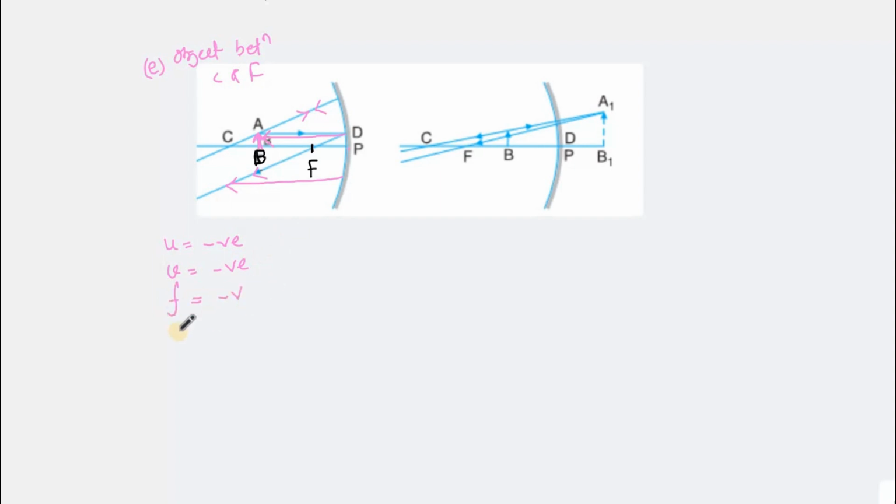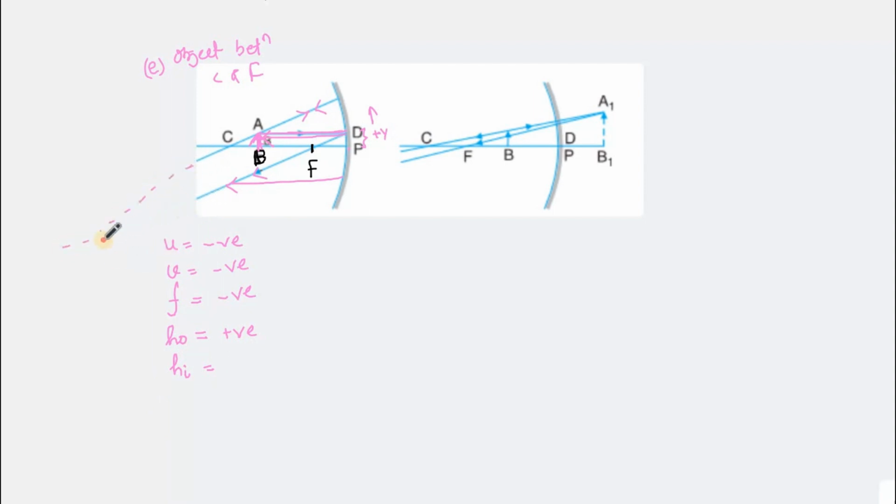Focal length is negative. Now height of the object. The object is lying above the principal axis, so its height will be measured along the positive y-axis in this way. So the height of the object is a positive quantity, and the image which is formed is an inverted image, and the inverted image means it's lying below the principal axis.